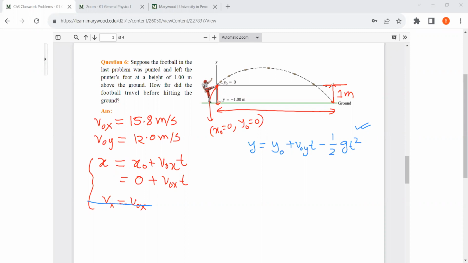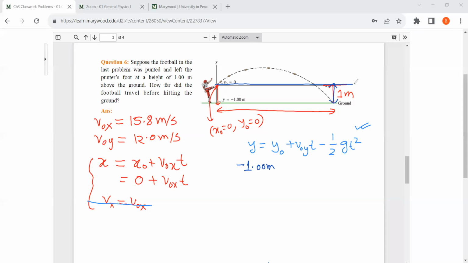It would be -1, right? Because this line is the y equals 0 line. Every y below the y equals 0 line will be negative, not 0, sorry.